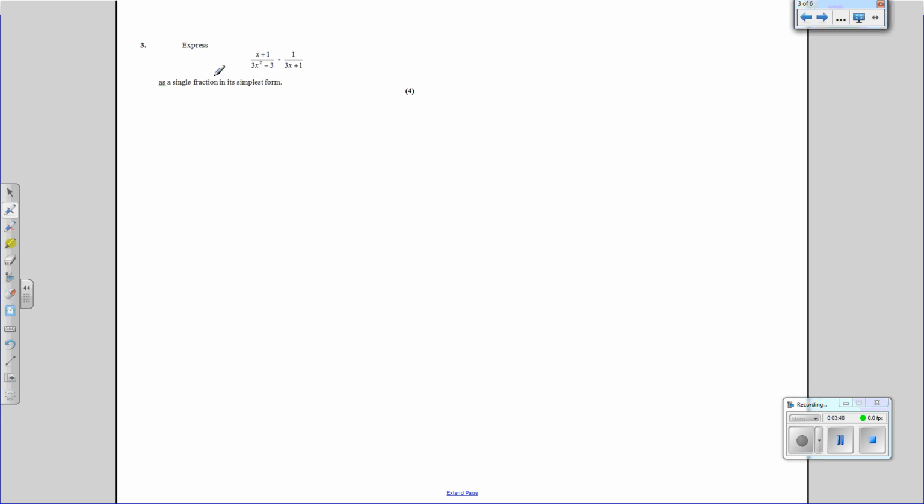So first of all, you want to factorise everything you can see. And what the problem was with this in the homework, a lot of people didn't factorise this 3x squared minus 3. So they had quite a difficult common denominator and made algebraic errors.